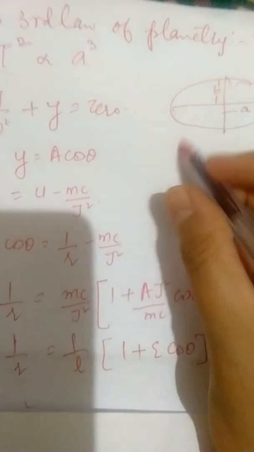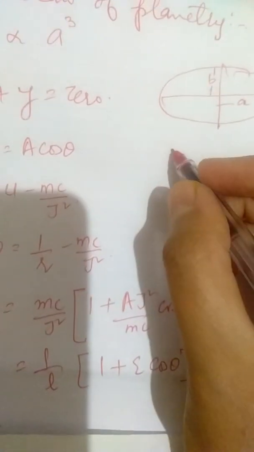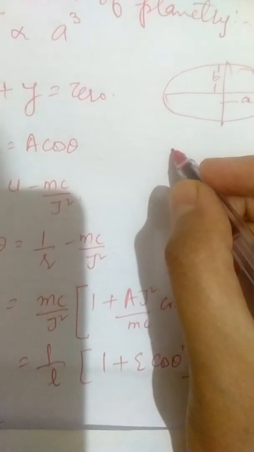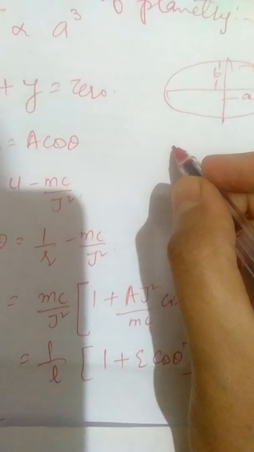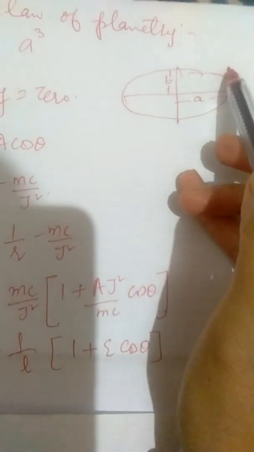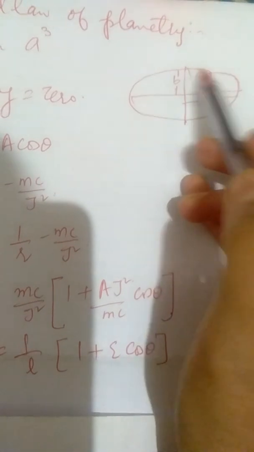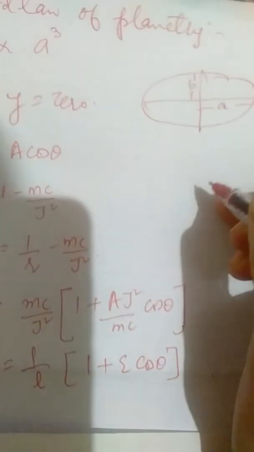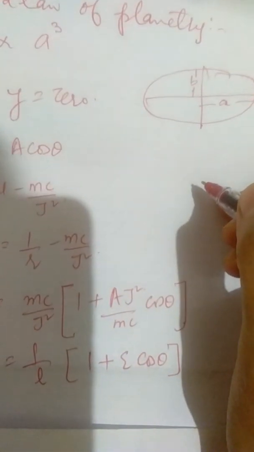As per Kepler's second law, we know that the areal velocity of a planet moving around the sun is constant. That is, the radius vector which joins the planet with the sun sweeps equal areas in equal intervals of time. We have already done that, and we have done its derivation as well.